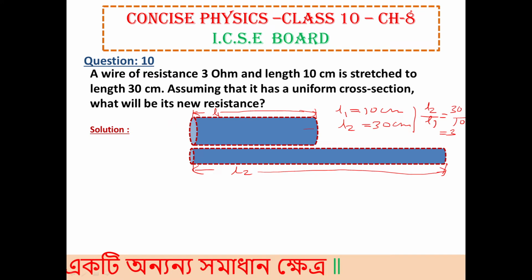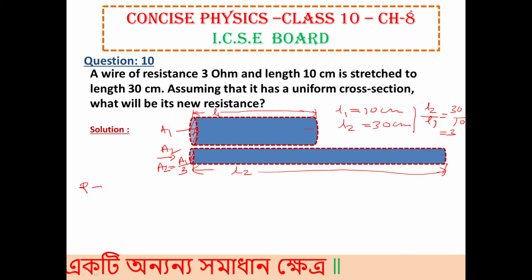So if the cross section area of this wire is A1 and of this wire is A2, so I can write A2 equal to A1 by 3. The derivation I have shown in the previous numericals. So here we will apply the same formula.